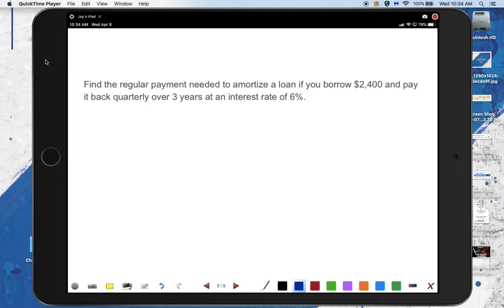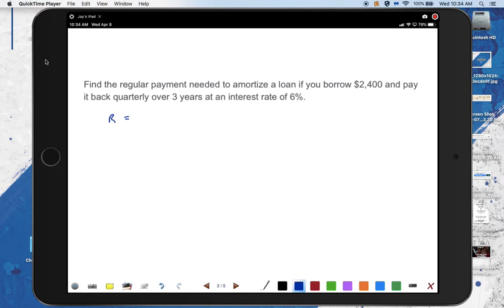Let's say that you are making a loan of $2,400 and you have to pay it back quarterly over 3 years at an interest rate of 6%. Well, for me to really have you figure this out, we need to go ahead and give you the formula. And in the formula, R is going to be your regular payment.